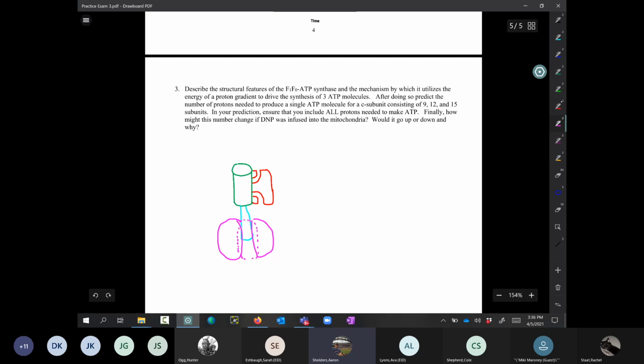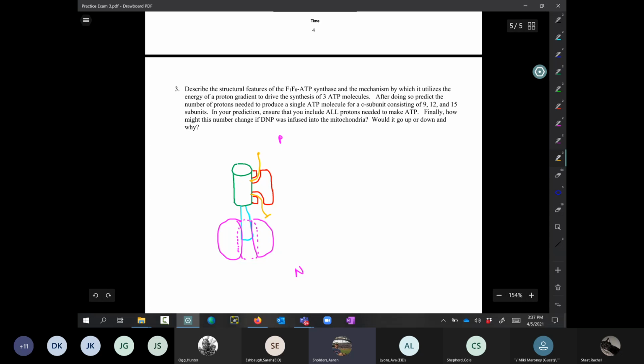The idea would be that you would have, let's call this the P side here, and we would call this the N side here. Let's say yellow dots are protons that would come into here, and then they would leave out here.